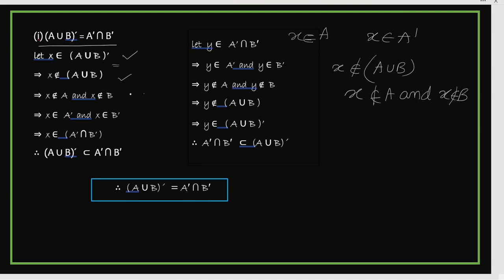This is what we have written here. So X does not belong to A means X belongs to A complement. Is this clear? And X does not belong to B means X belongs to B complement. Clear? So far so good.